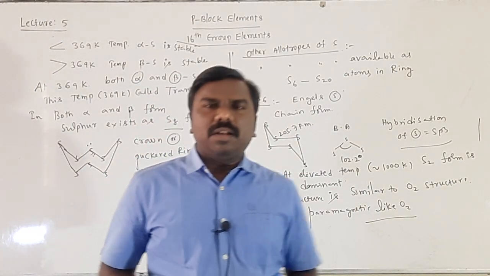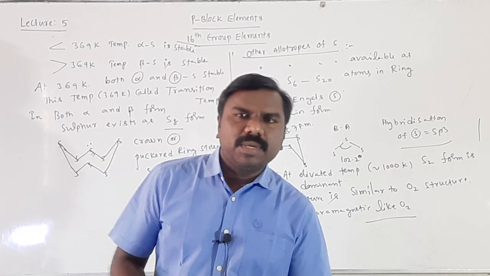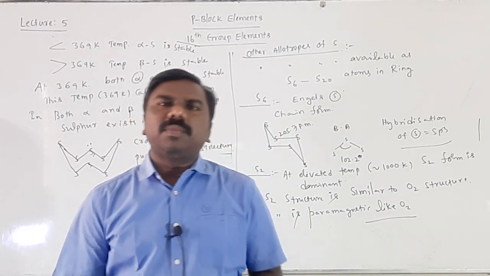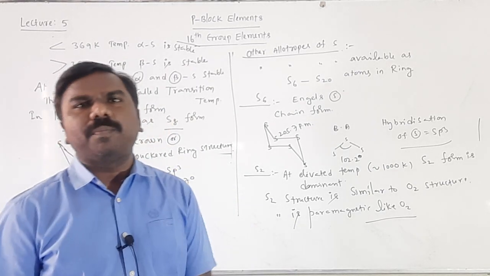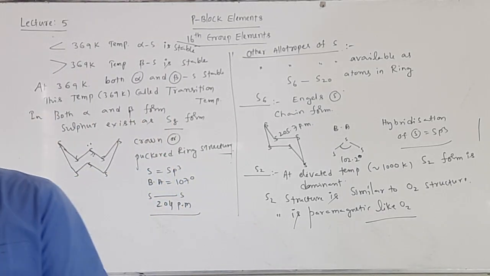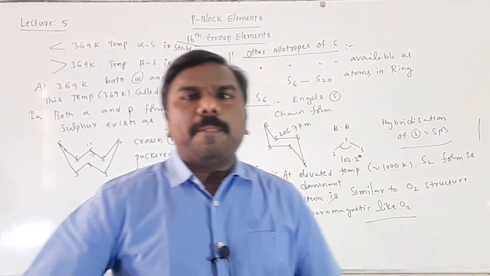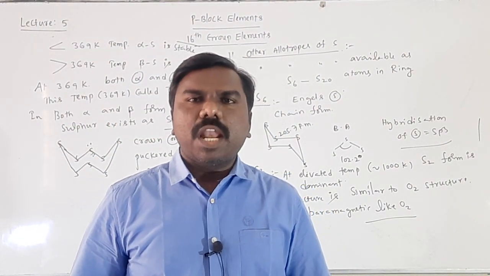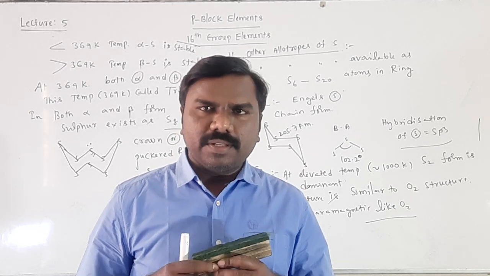Oxygen is paramagnetic according to molecular orbital energy diagrams. Similarly, sulfur also belongs to the same group, the oxygen family, hence sulfur is also paramagnetic in nature. So, these are the allotropic modifications of sulfur, the first compound of sulfur.